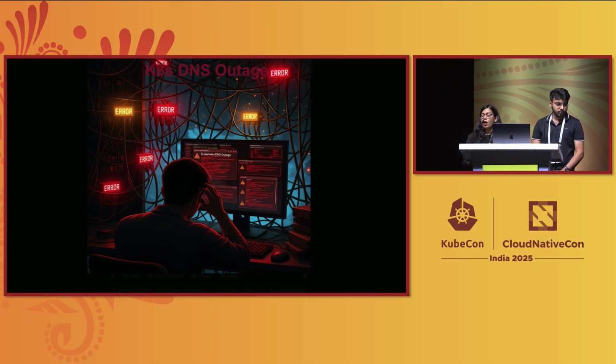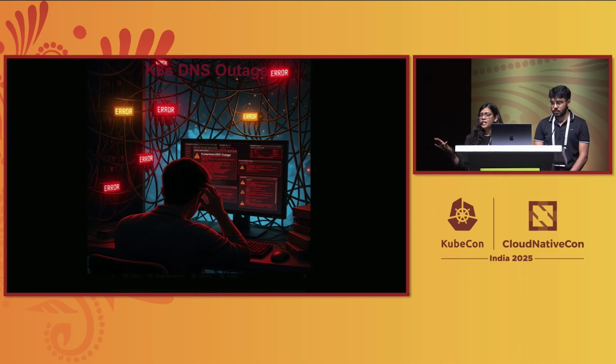Today, we are going to talk about something that has probably given many of you a few gray hairs: the DNS issues in large-scale Kubernetes cluster. If you have ever been paged at 3 a.m. in the morning, chances are DNS was lurking somewhere in the background. And so was the case with us.